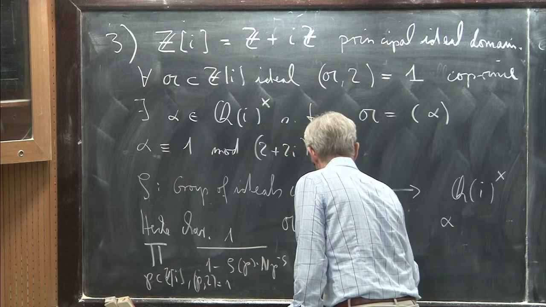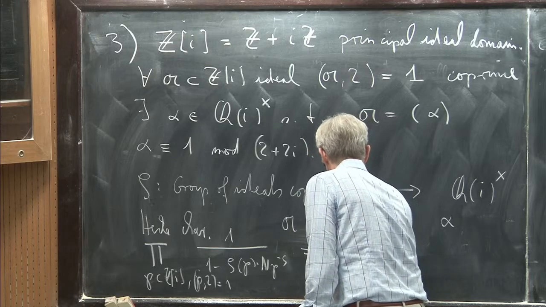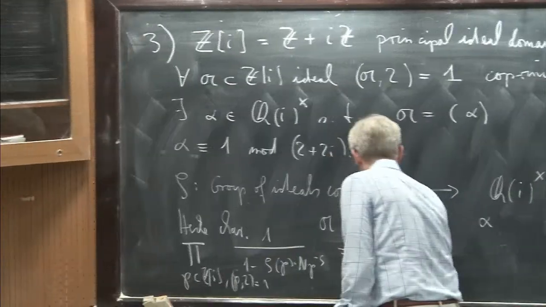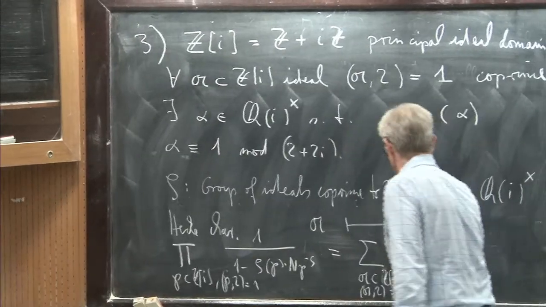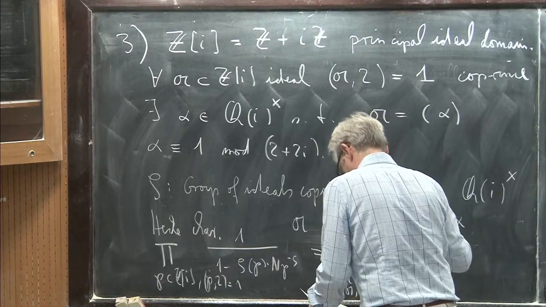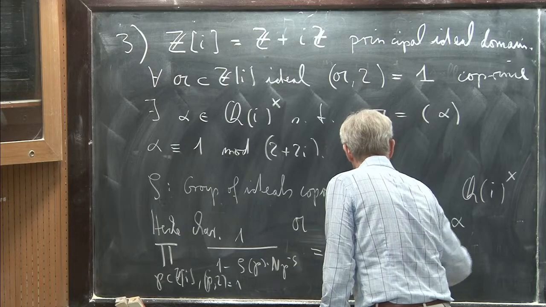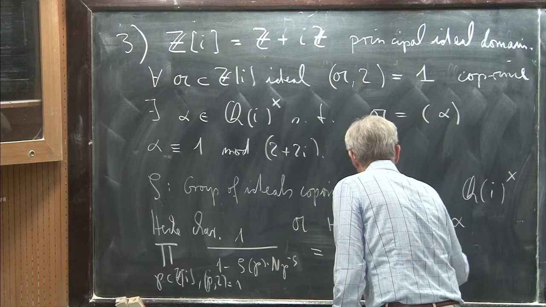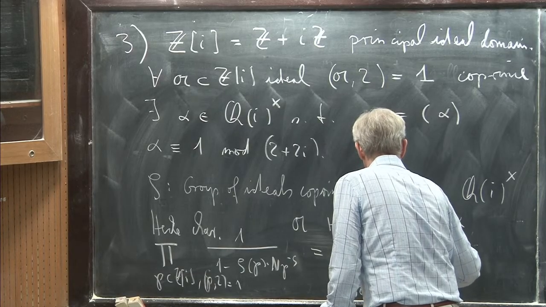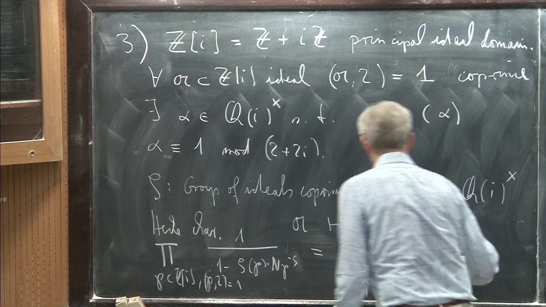It runs over all ideals in Z[i] coprime to 2, and you take 1 over alpha to the s.